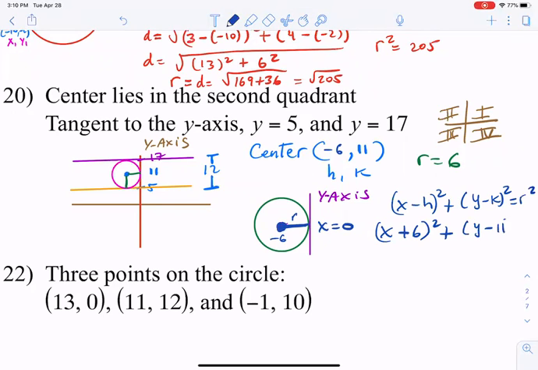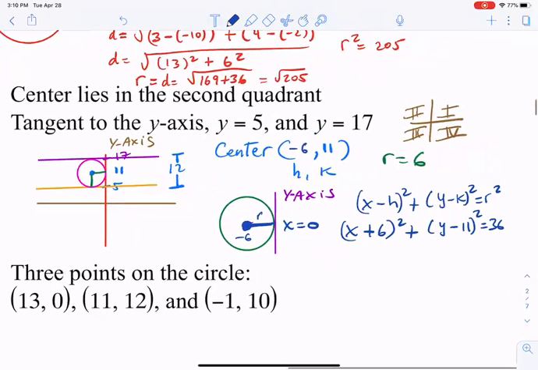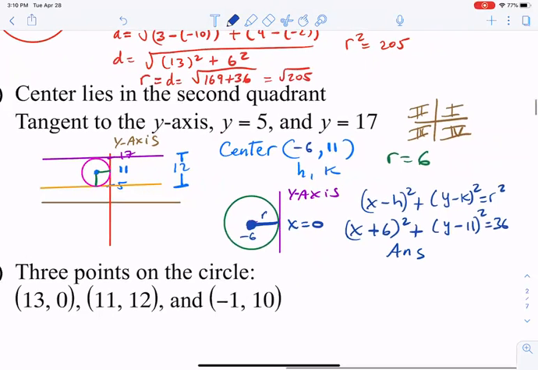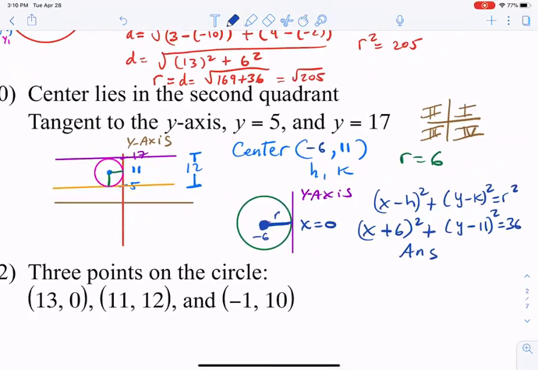K is 11, squared equals r squared, that's 36. And that's the answer for this problem. So you should be able to understand really quickly how to do these problems. If you get confused with something that I said before, I apologize for that, but this is the idea.